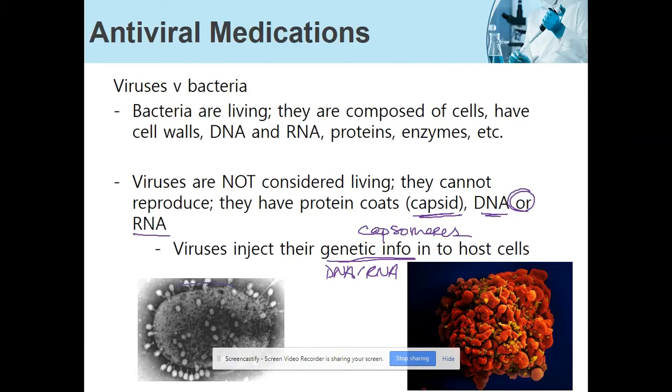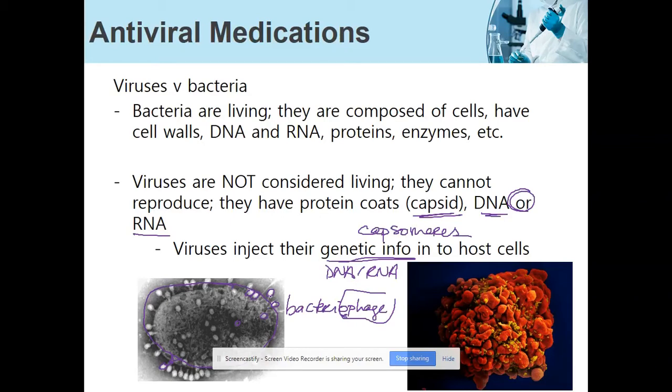This is an example of a bacteria cell that is covered in all of these little viruses that are called bacteriophages, or phages for short. So all these little guys that are stuck on this bacteria cell are bacteriophages.